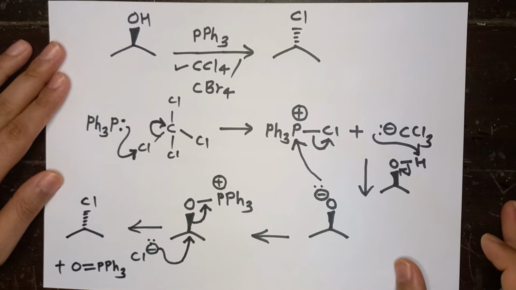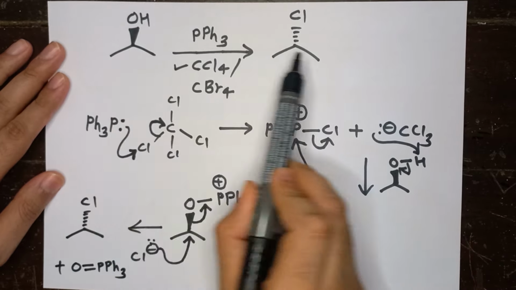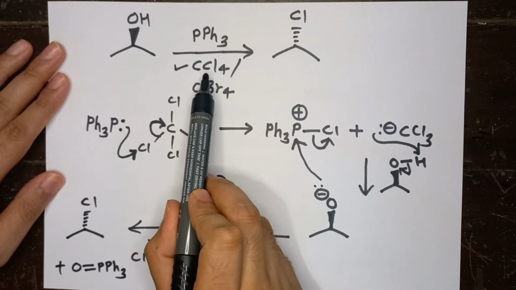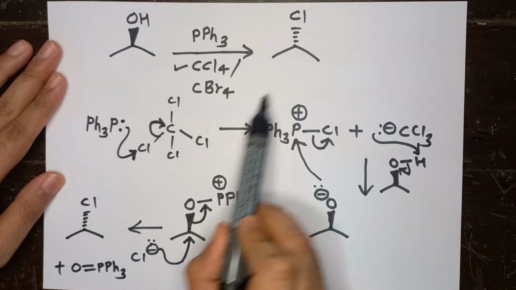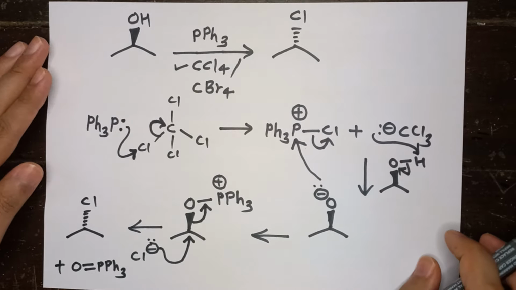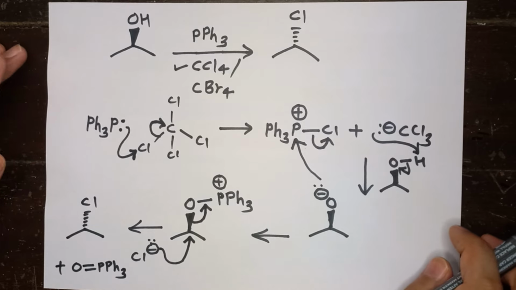So this is the mechanism of the Appel reaction, where you convert your alcohol into haloalkane using PPh3 and carbon tetrachloride, and you also reverse the stereochemistry. So now let's go ahead and discuss some important practice problems.